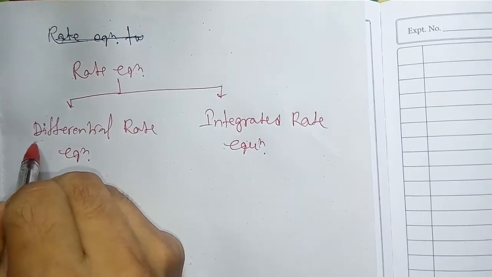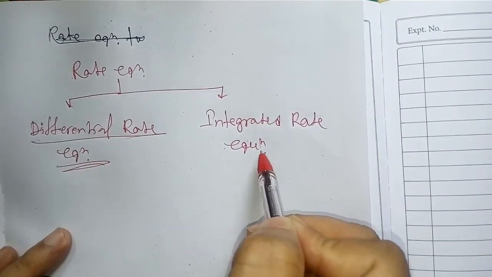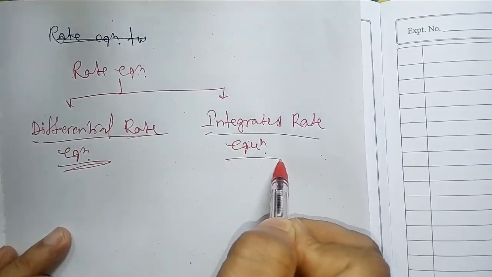One is the differential rate equation and another one is the integrated rate equation. So rate equations are of two types: the first one is the differential rate equation and the other is the integrated rate equation.